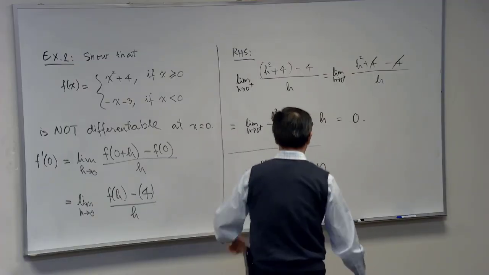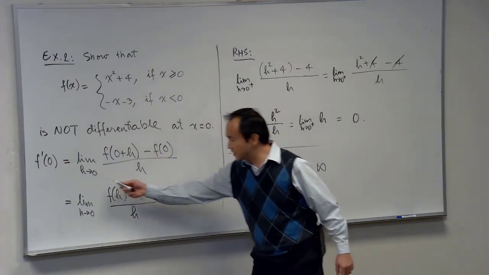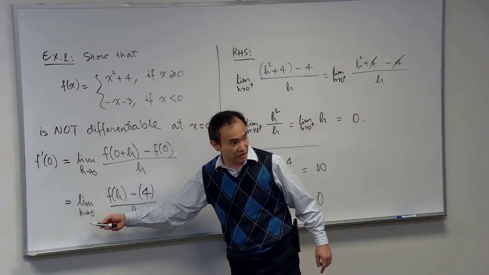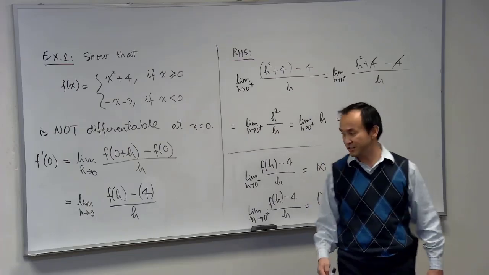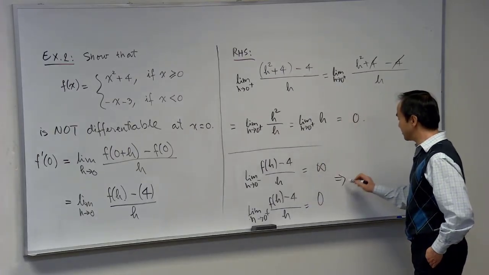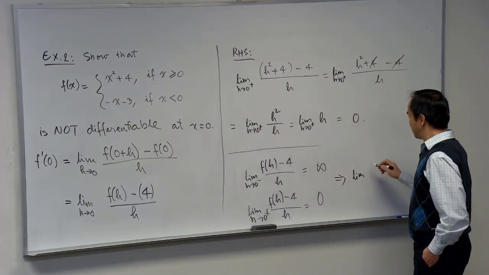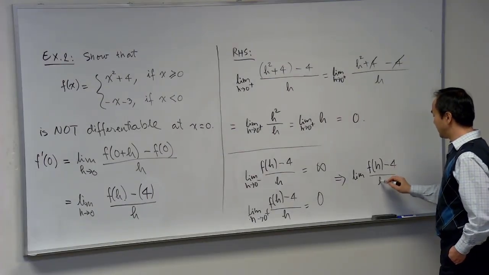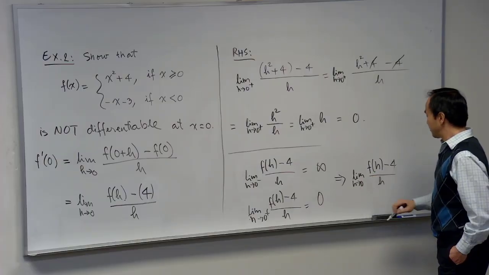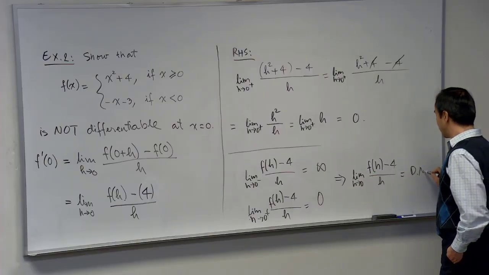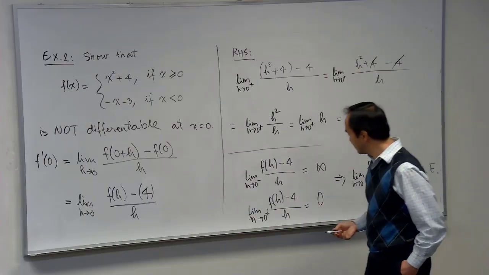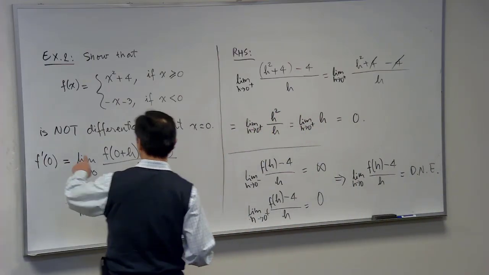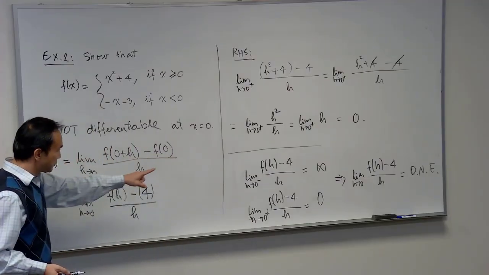So that tells me that this limit for h going to 0 from both sides is going to fail to exist. It's a DNE here. So the limit of f of h minus 4 over h as h goes to 0 on both sides is a non-existing limit. Does not exist.